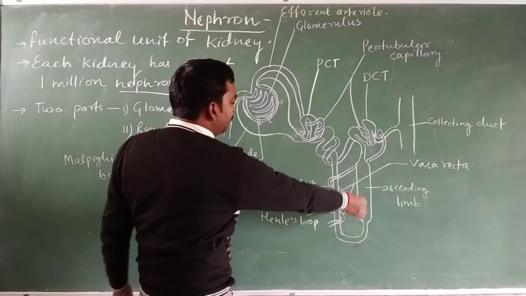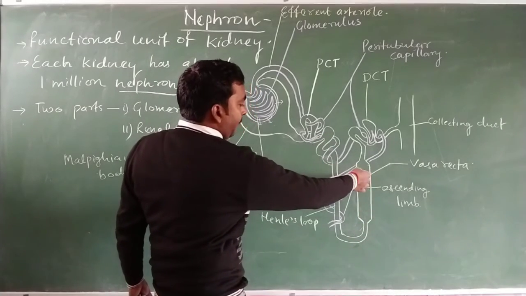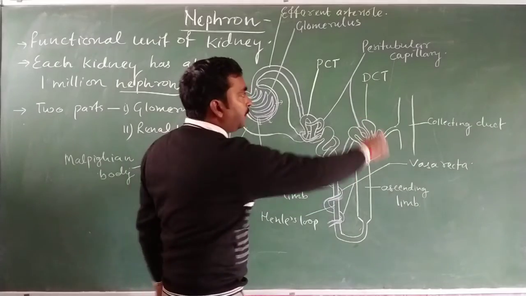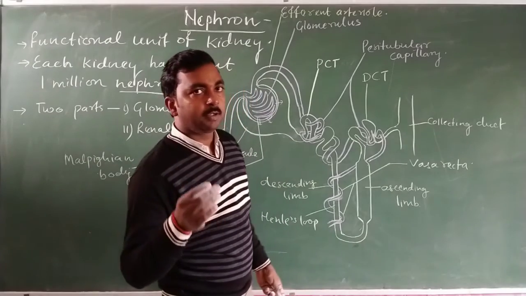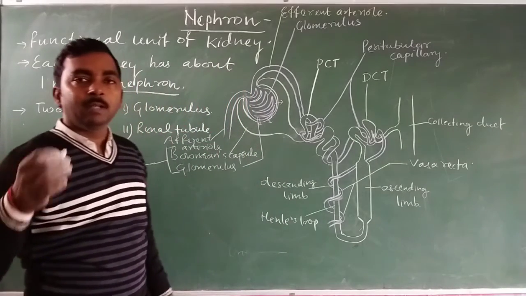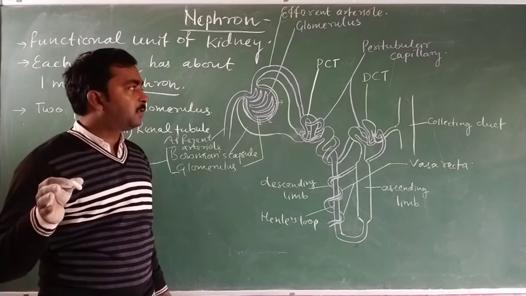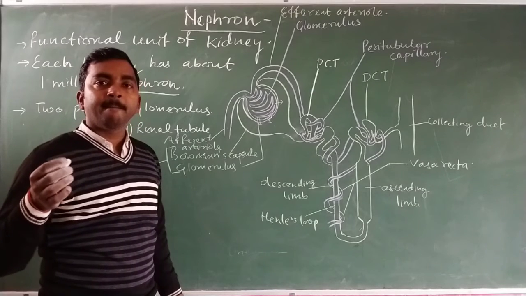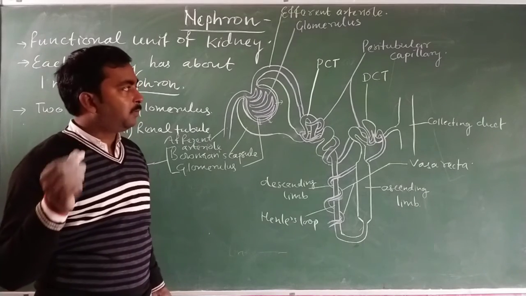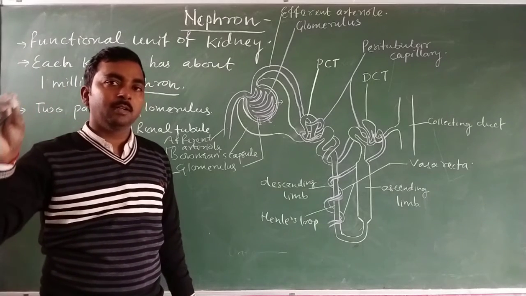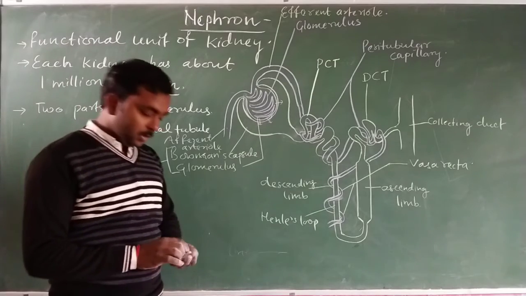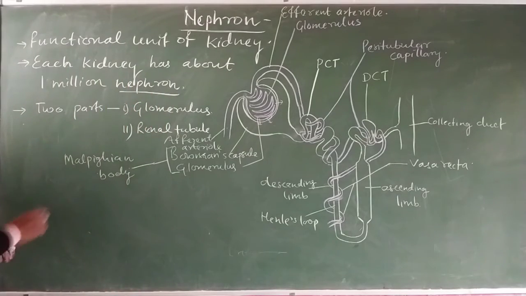Then it runs into the loop of Henle, and then to the DCT, and then into the collecting duct, and from the collecting duct the filtrate is transferred to the pelvis region, from the pelvis of each medullary pyramid, and from the pelvis it is transferred to the ureter, and the ureter collects into the urinary bladder. Now we also discuss the types of nephron.